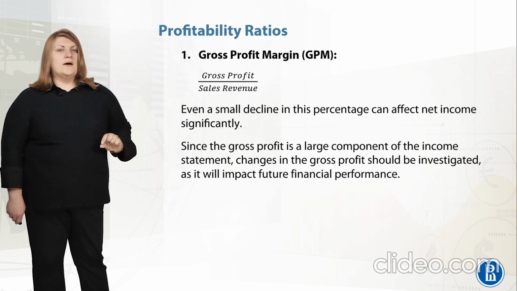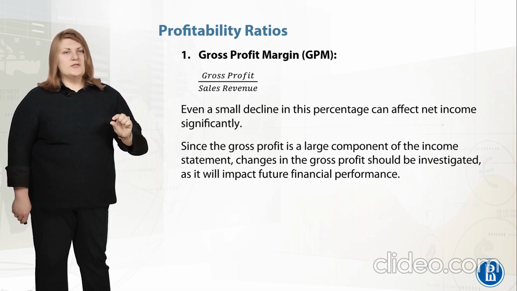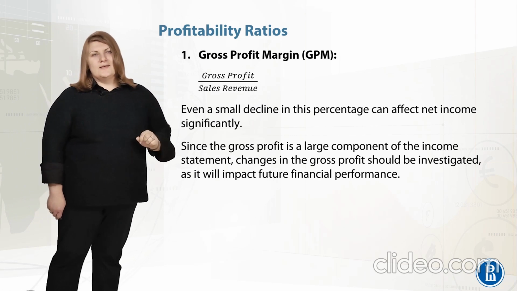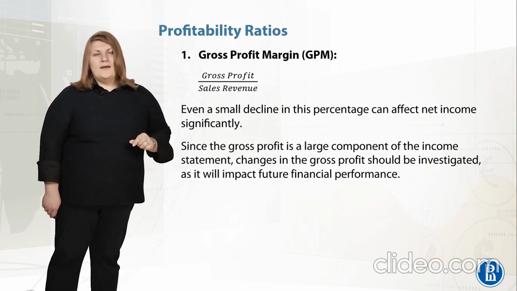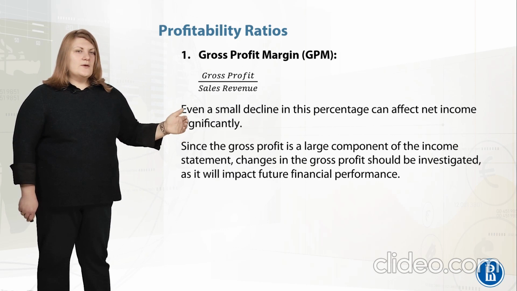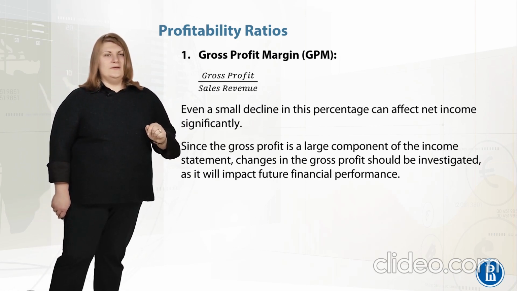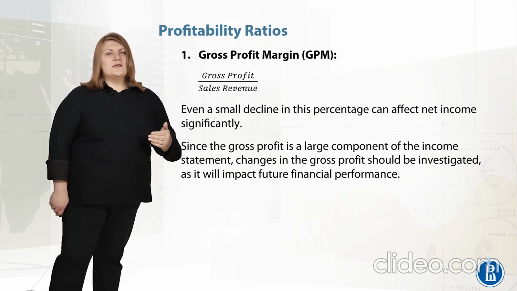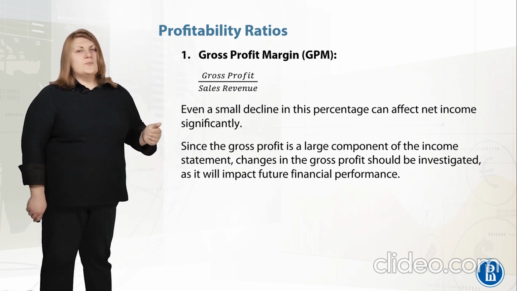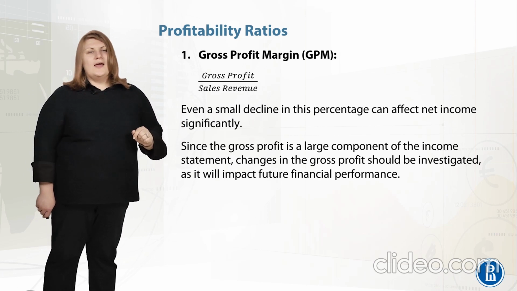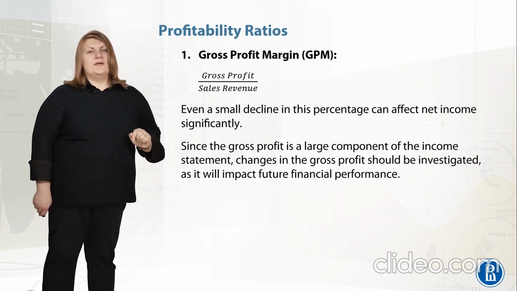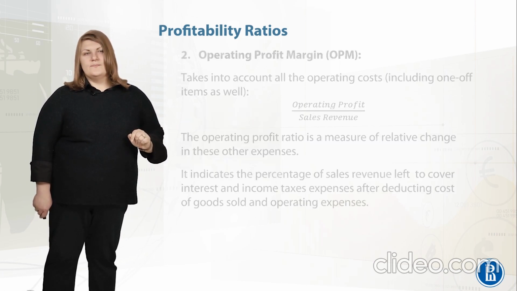Even a small decline in such percentage can affect net income significantly. And since the gross profit is a large component of the income statement, changes in gross profit should be investigated as those will impact future financial performance.